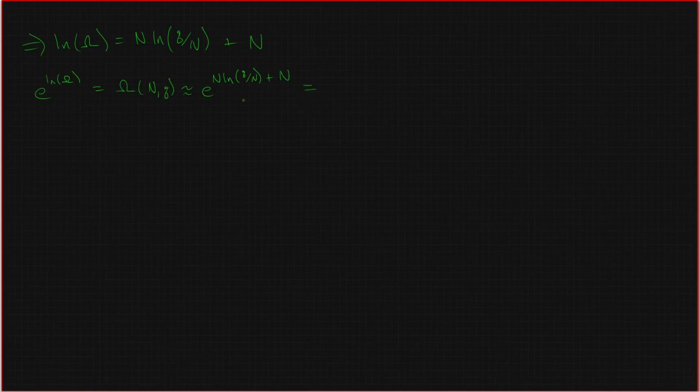And we can just rewrite this piece right here because it's e to the ln of q over n to the n. And then we just have another factor of e to the n, so times e to the n. So all in all, we can write this as e times q over n to the n.